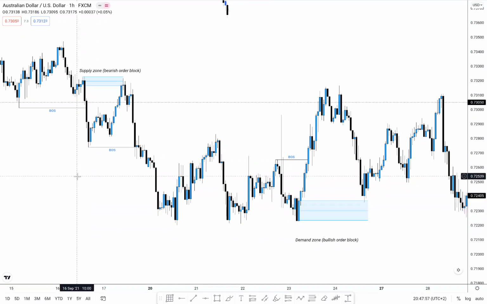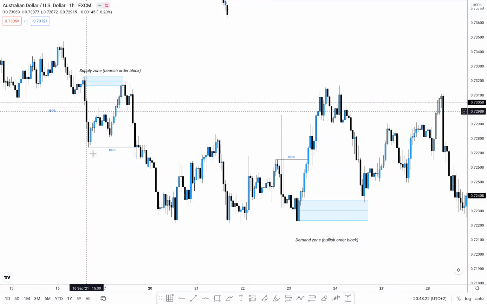So to recap everything that I said, supply and demand are basically bullish and bearish order blocks, just refined. I am going to get into detail on how to refine an order block in the next video, but for this video, remember, an order block in a supply zone is the last bullish candle before the major move down, breaking structure to the left.